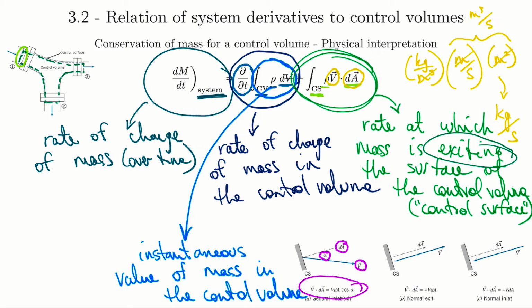Then if we have the velocity entering the control surface, case C, the angle between them is 180, which gives us a negative value, so it's now negative v dA. If something is entering, the dot product yields a negative value.